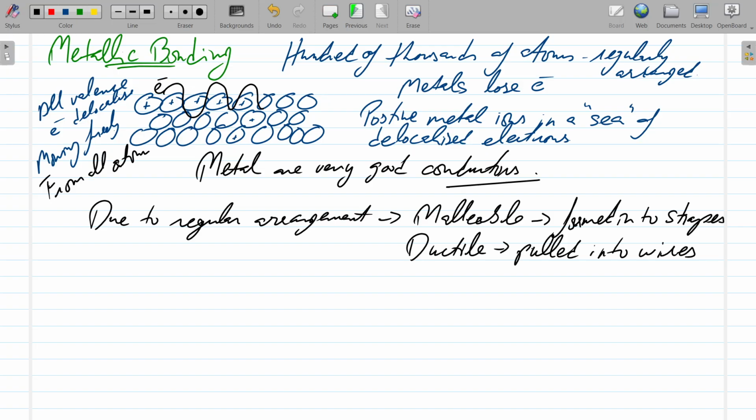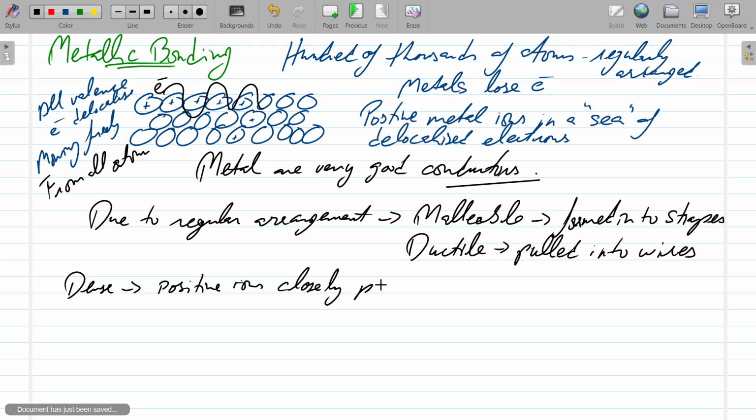They're also dense. Why? Because you've got positive ions closely packed, tightly packed, and the attraction of the electrons.